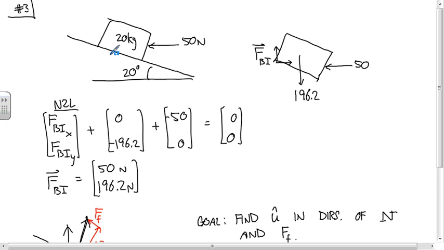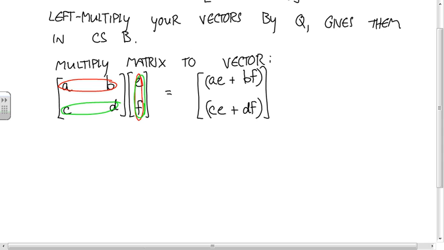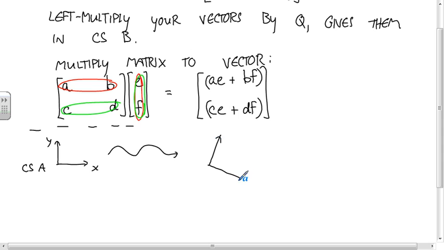Which theta do you use, 160 or the 20? Okay, let's think about that. Back to our problem, our original coordinate system is this, and we want to transpose these vectors into a coordinate system like this, where this angle is 20.